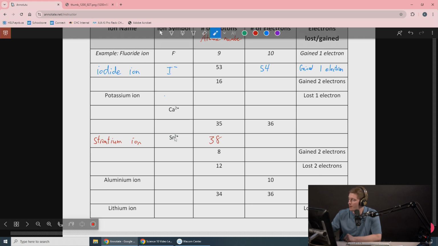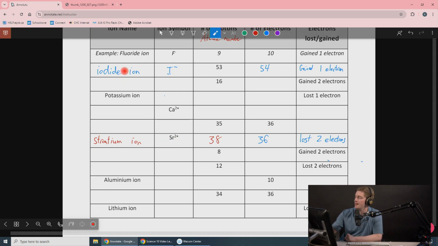So this is a positive ion by 2+, which means you have 2 fewer electrons. So strontium should have 36 electrons because it lost 2 electrons. That's how it got its 2+ charge.